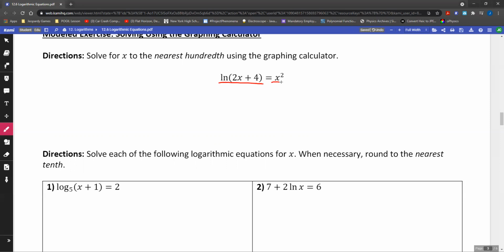The best way to actually solve this is to take a graphing calculator, type in the function y equals ln of 2x plus 4 and y equals x squared. So plugging both of these equations into the graphing calculator, one of the things that you can do is put it into the graph mode and look at where they intersect.